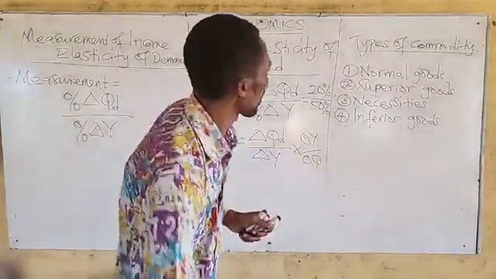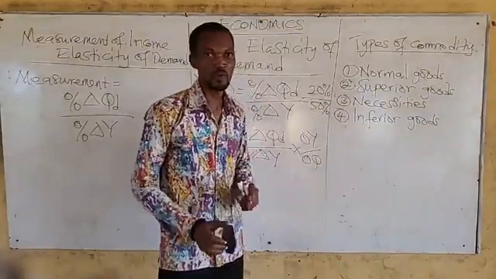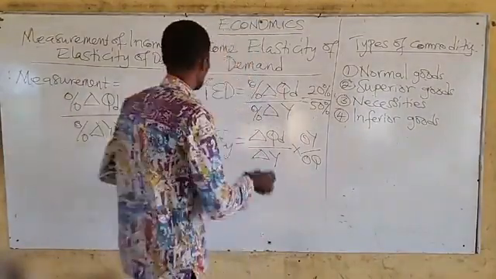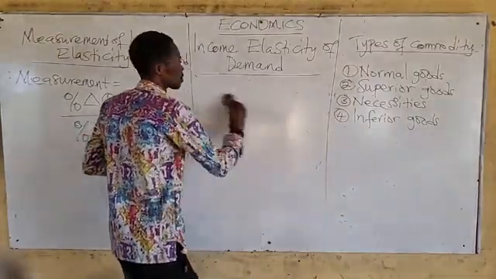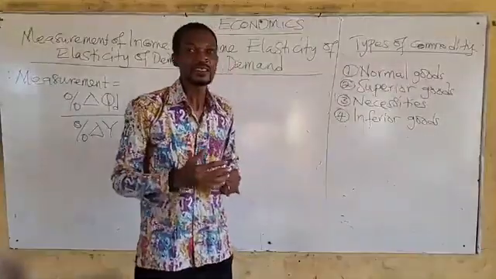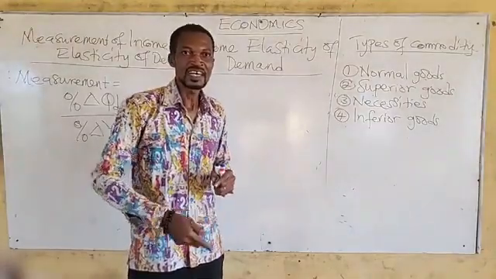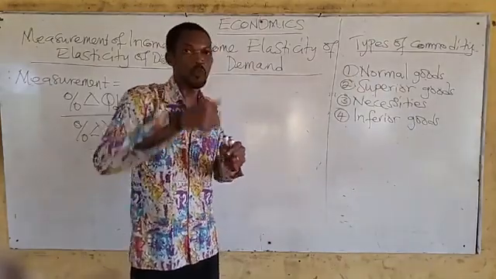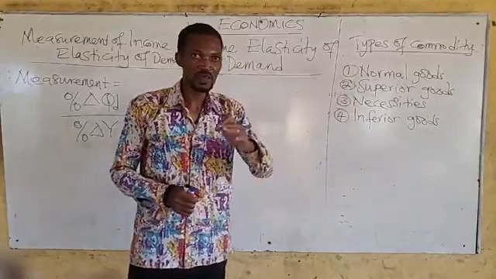Right. So let's look at what will show that the commodity is a normal commodity using the income elasticity concept. That's what we are going to look at. When the income of the person increases and the demand for the commodity also increases, then that commodity will be a normal commodity.